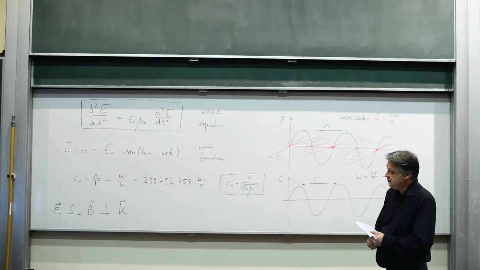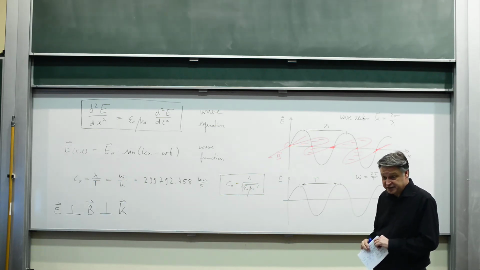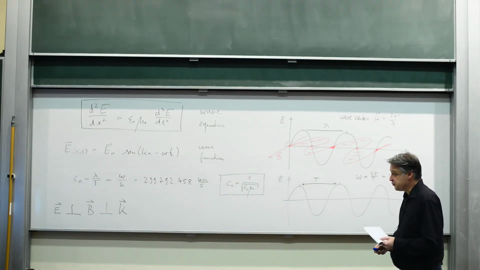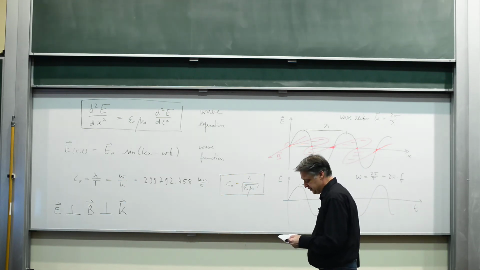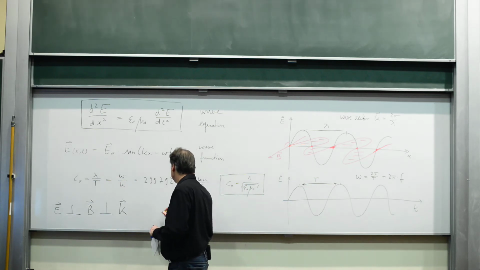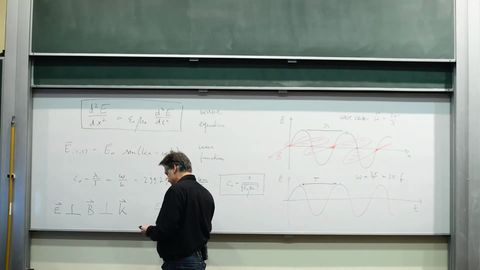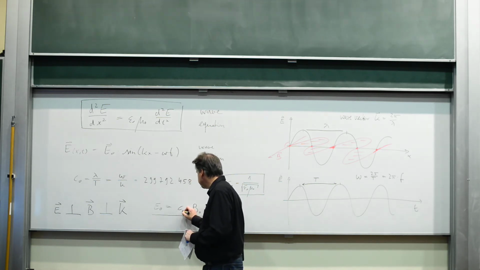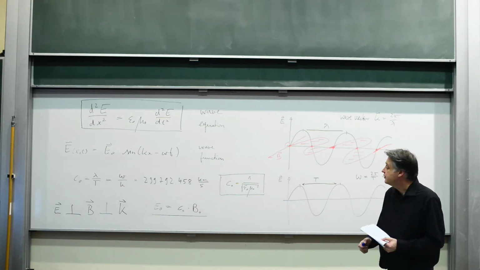If we now plug the time derivative of the electric field and the space derivative of the magnetic field into equation number 2, you would directly get a relation between both amplitudes, namely E naught, the electric field amplitude, is the speed of light times B naught. That's the relation between both amplitudes.